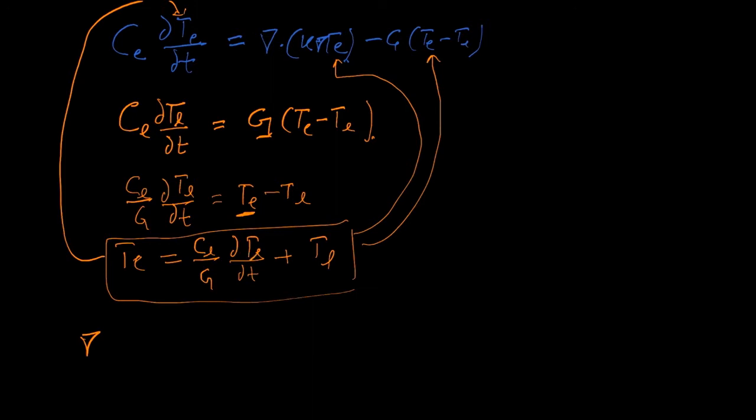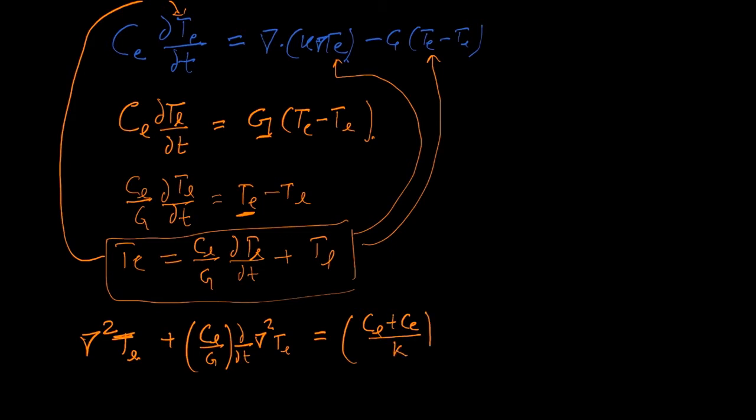So this is T_l: the gradient square of T_l, plus C_L over G ∂/∂t of the gradient square of T_l, equal to (C_L plus C_E) divided by K ∂T_l/∂t, plus C_L C_E by K G ∂²T_l/∂t².